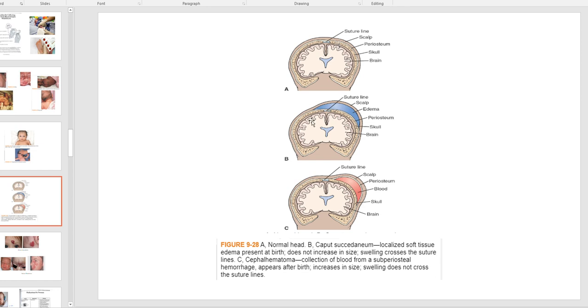B is actually called a caput succedaneum, and it is where the hematoma or soft tissue edema crosses over the suture line. Cephalohematoma is where it does not cross the suture line. It's a subperiosteal hemorrhage, hematoma, and it does not cross. So the caput succedaneum does cross, the cephalohematoma does not cross.